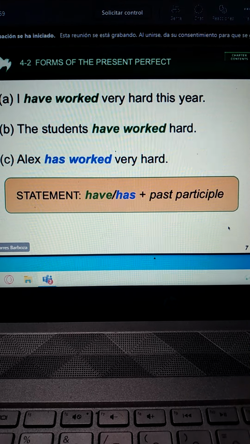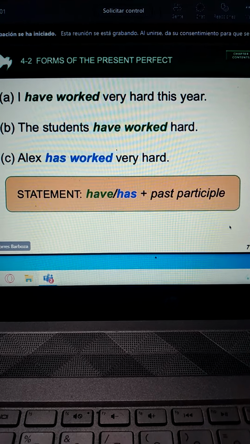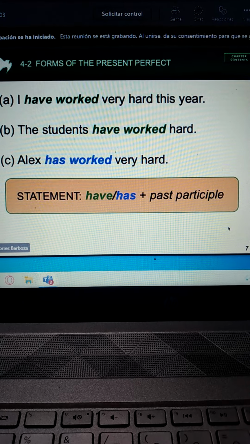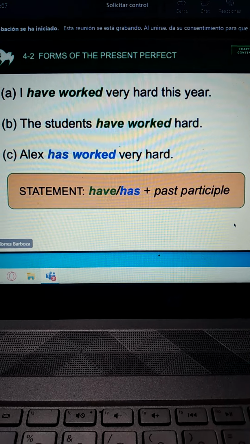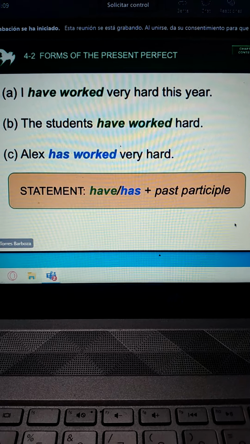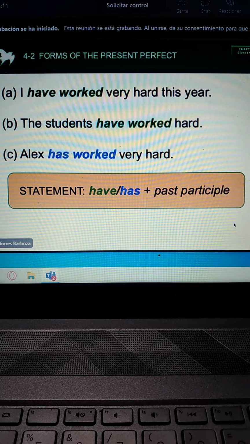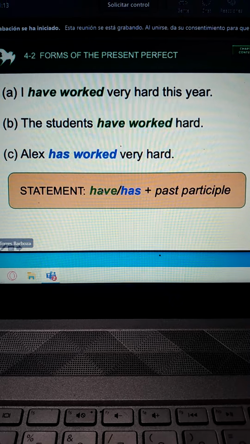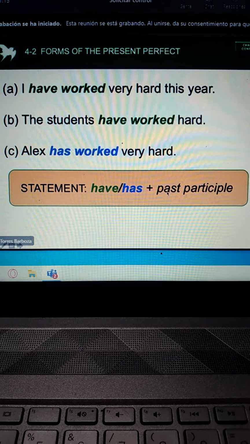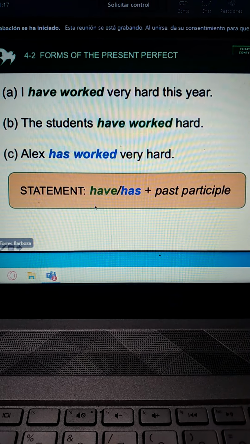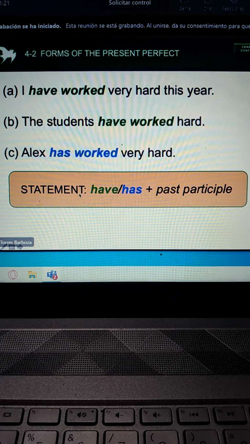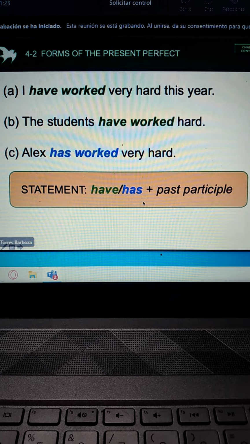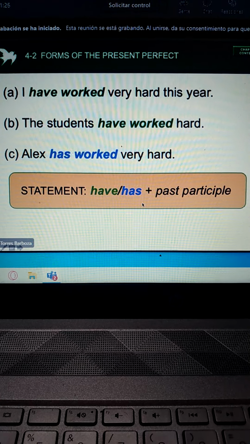And he, she, and it use has plus past participle. Look at the formula down here: have or has plus the past participle. So which ones go with have? I, you, we, and they, and he, she, and it has.